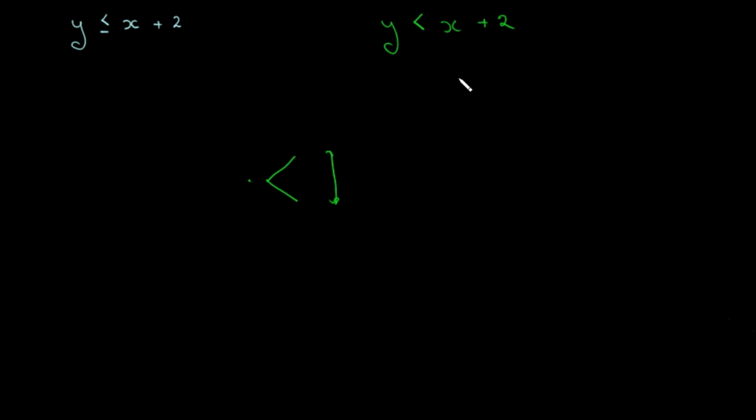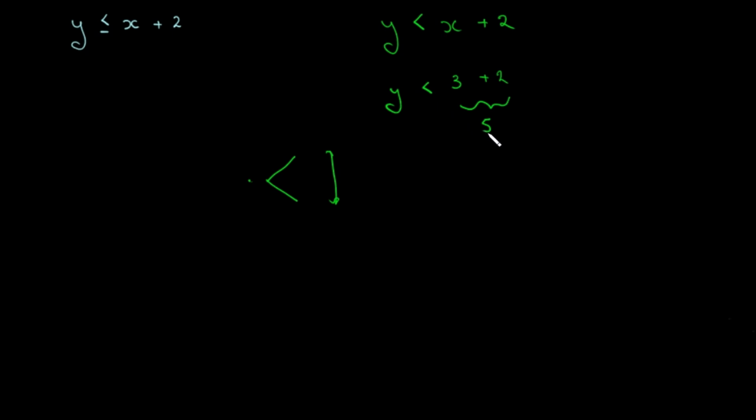So if we put a 3 in there for the x plus 2, we know that that is 5. So the value of y has got to be less than 5. If it's less than 5, it can't equal 5. Alright?